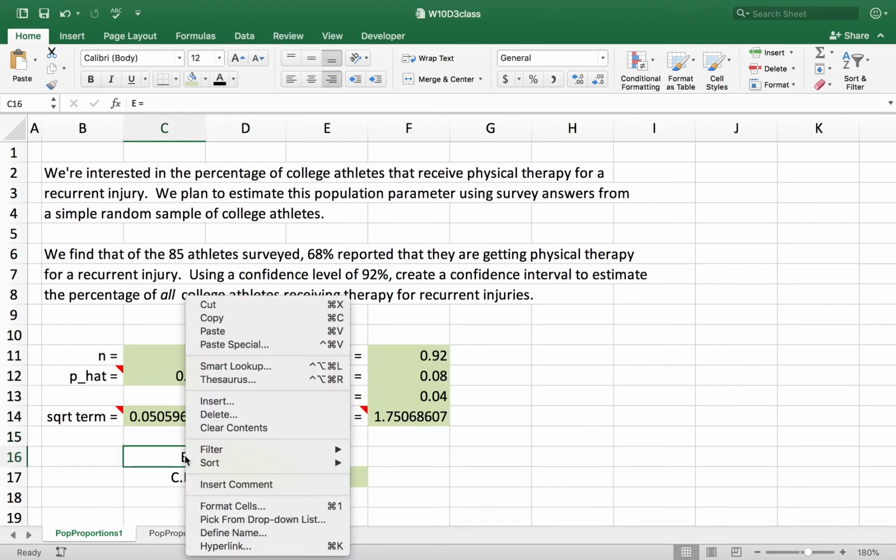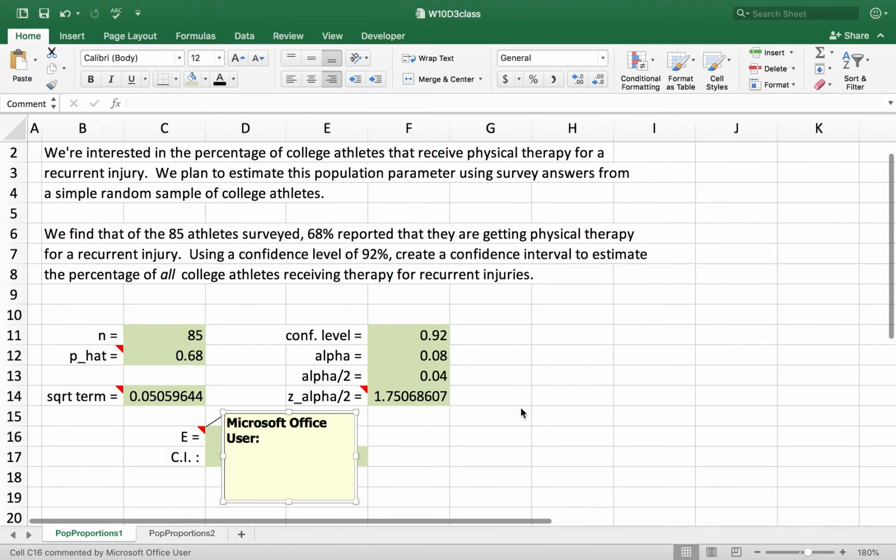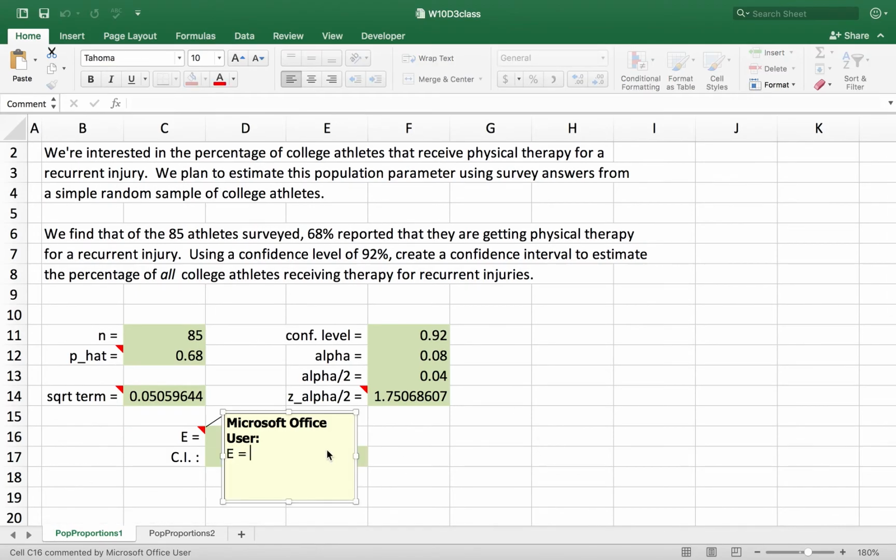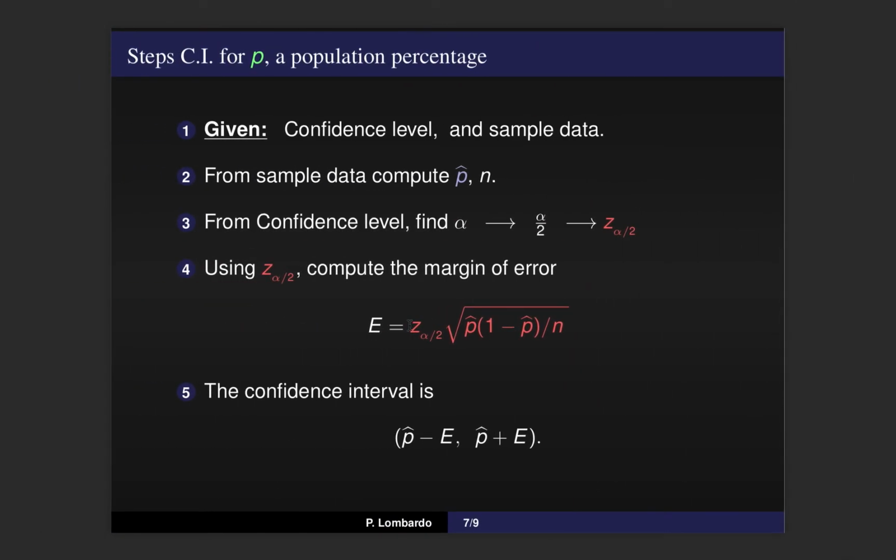Now our margin of error, in the way that we're breaking up our work here, E is just going to be z alpha over 2 times what we've been calling our square root term. So all we need to do is cell reference these two cells and look at their product. And keep in mind, this is exactly what we're doing to compute the margin of error on this other side. We've got our z alpha over 2, that's our critical value, and then this square root term we just put in a separate cell.